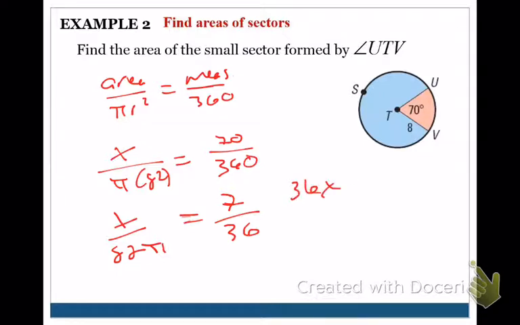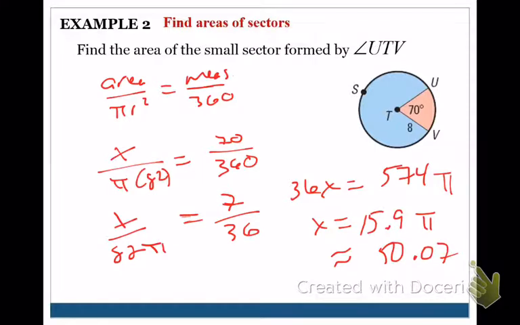So 36x is equal to 448 pi, divide both sides by 36, and you get about 12.4 pi as an exact answer, or an approximate answer, which is this times 3.14. And its area, so it is going to be in units squared.